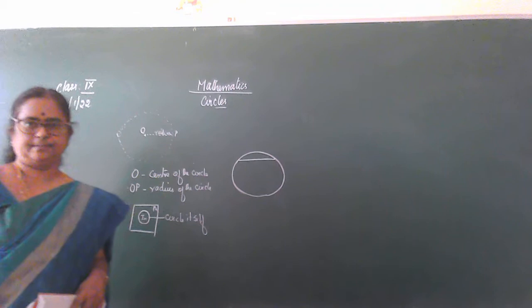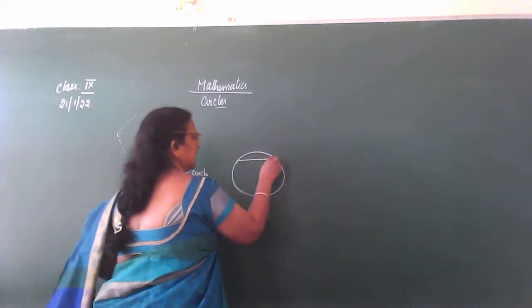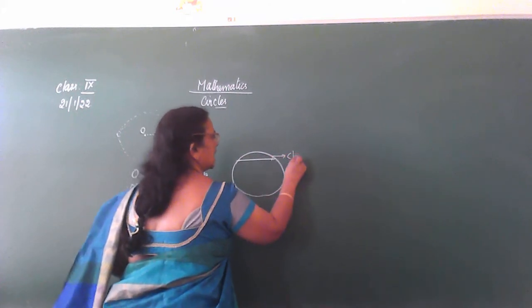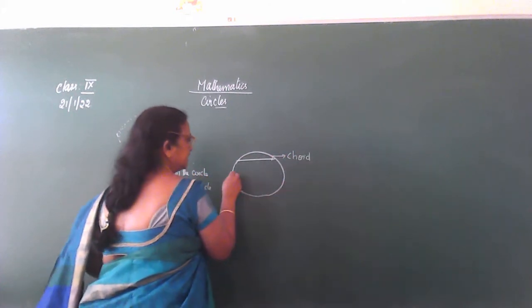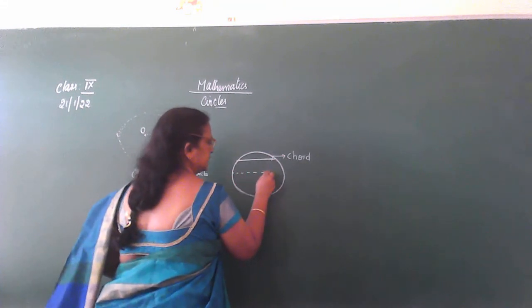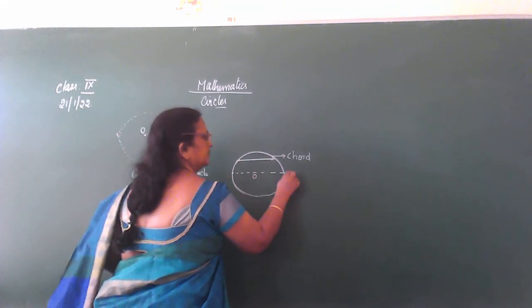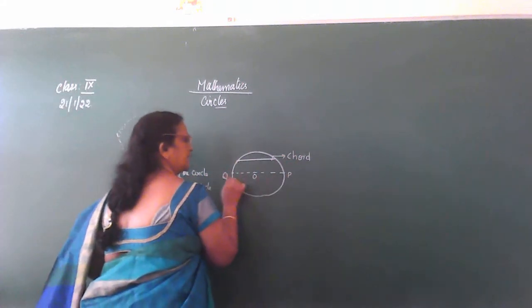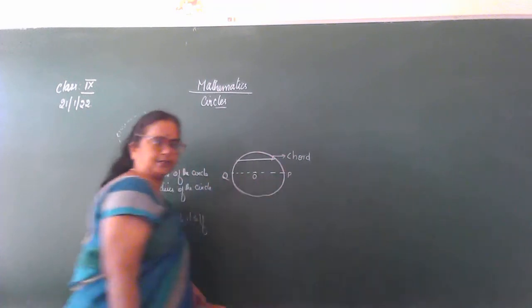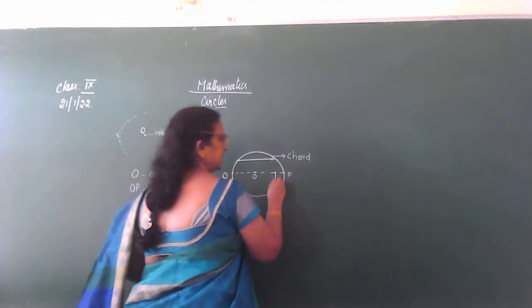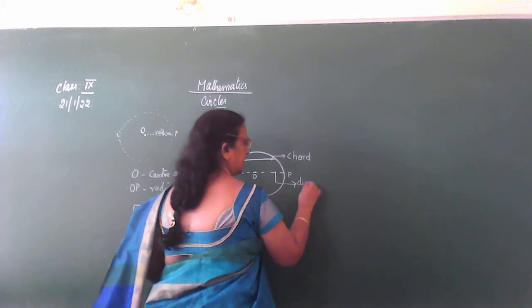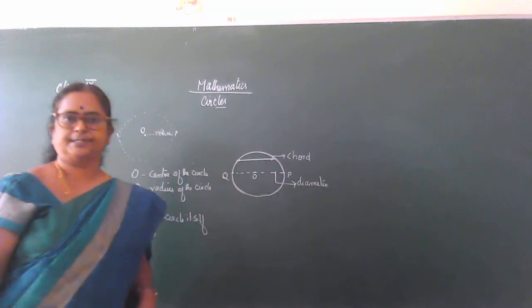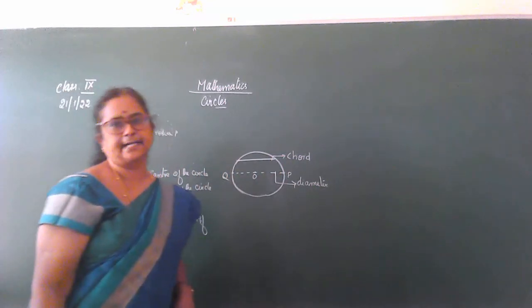If the same chord, say chord PQ, passes through the center of the circle, then you call it a diameter. So the diameter is a chord because that line touches the circle at 2 distinct points.